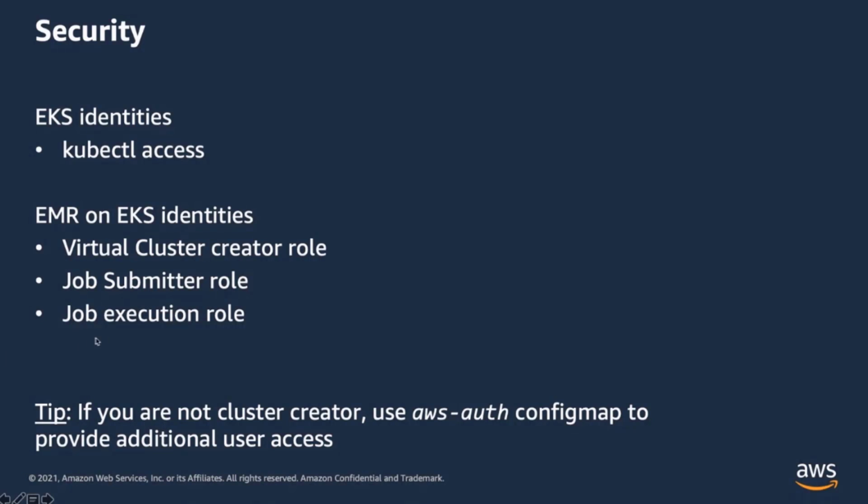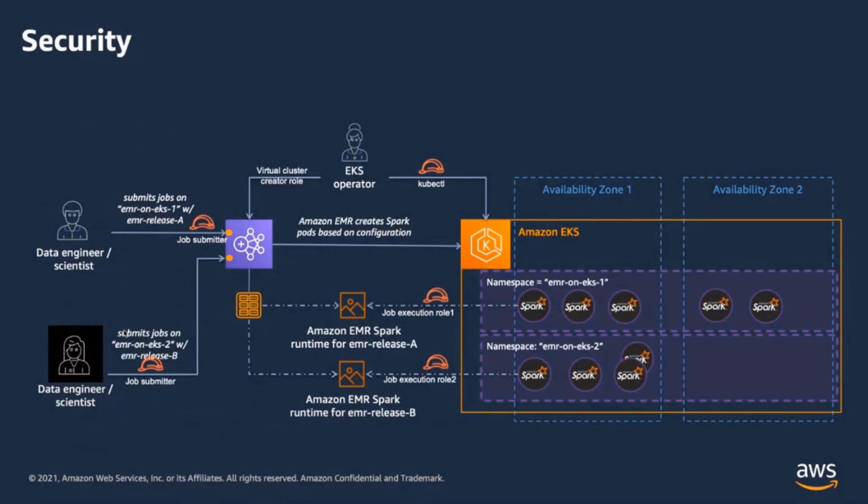Then you have the job execution role, which is provided within the job definition. This is the IAM role which the driver and executor pods use to talk to other AWS managed services like S3 and DynamoDB.